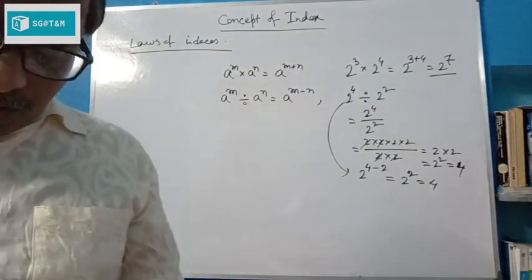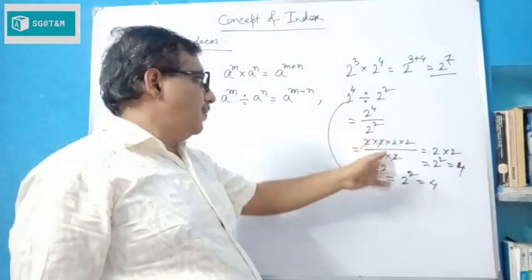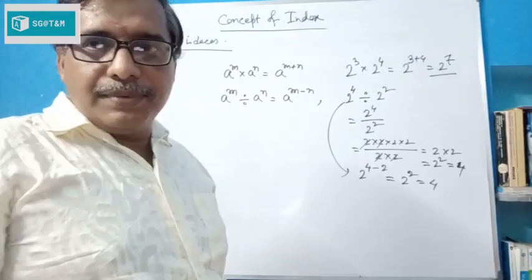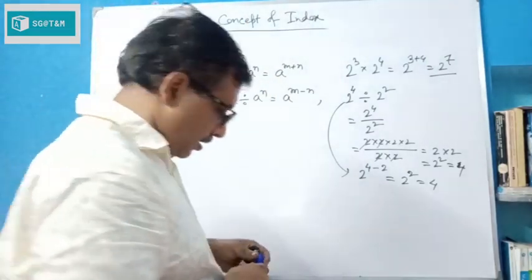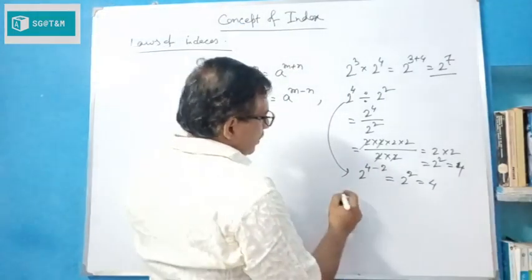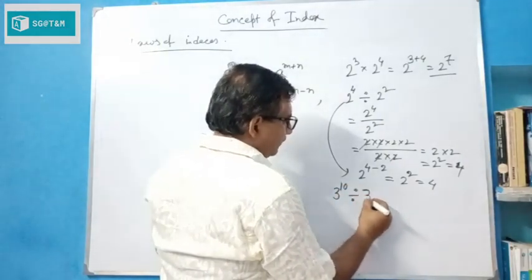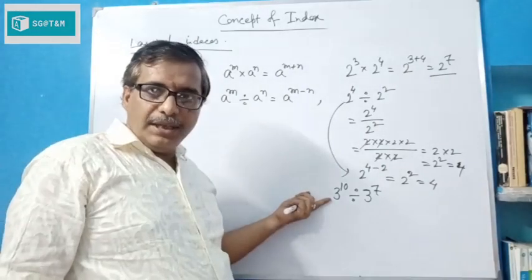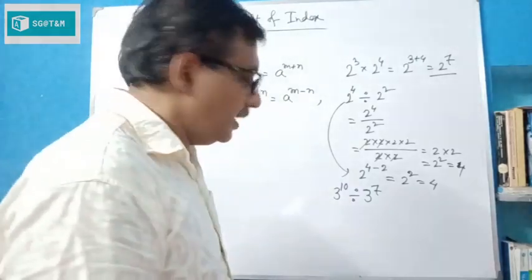We do not have to do it in the long way, writing down all the things of 2 to the power 4. If it is 4, we write 4 times. If it is given 10 times, then we have to write 10 times. Not so easy. If it is given 3 to the power 10 divided by 3 to the power 7, then we would have to write 3 ten times divided by 3 seven times, which is not very easy.